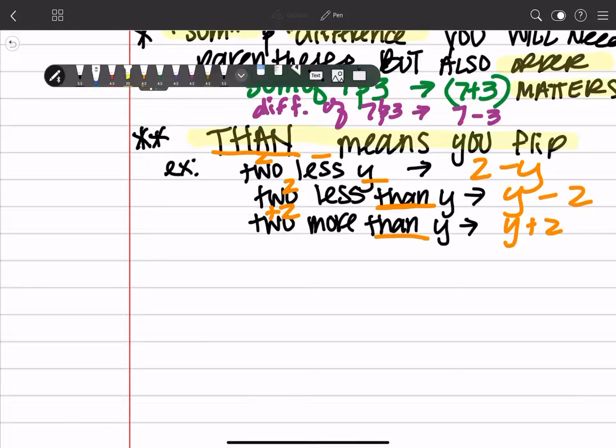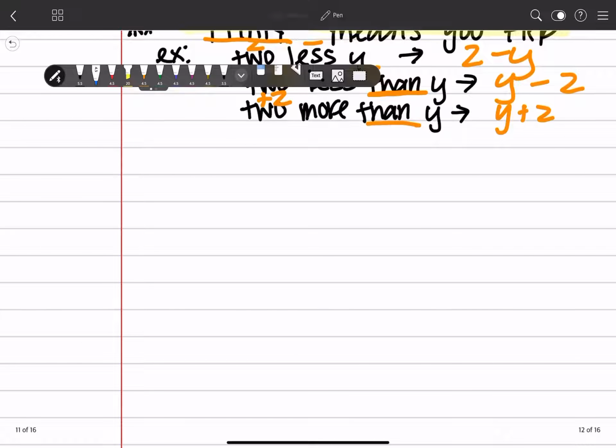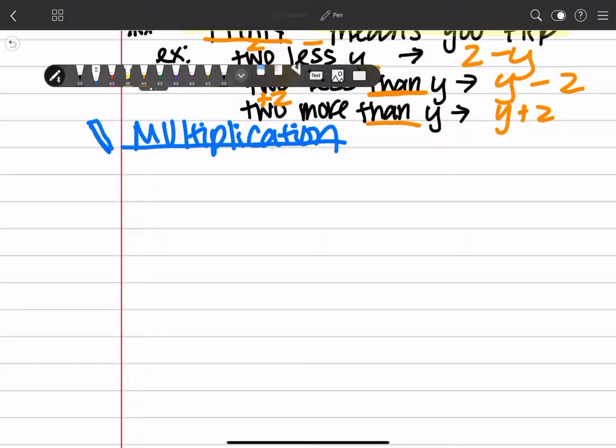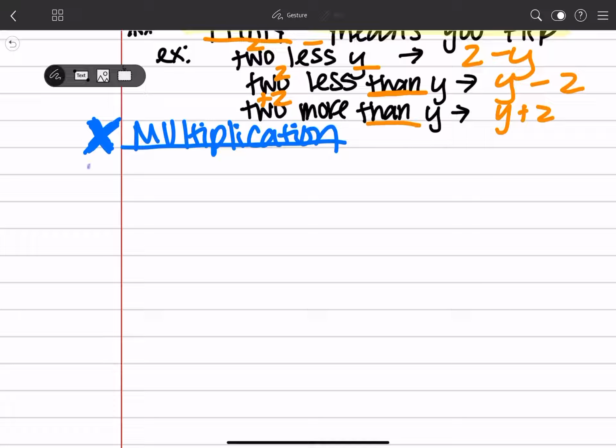So the next one we're going to do is multiplication. Now for multiplication, you've been used to seeing this big X or whatnot. You can also see the dot, parentheses, the star, whatever you use for multiplication.